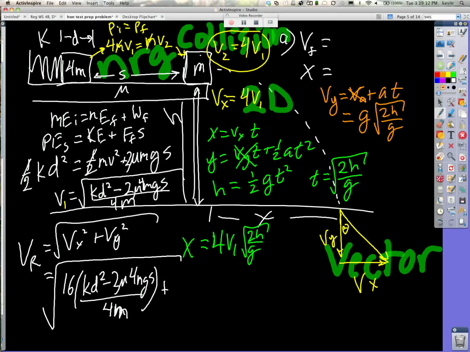So then this g will cancel that. So that's just using Pythagorean. And of course, theta will be equal to the inverse tangent of Vy over Vx, which is, remember, 4v1.